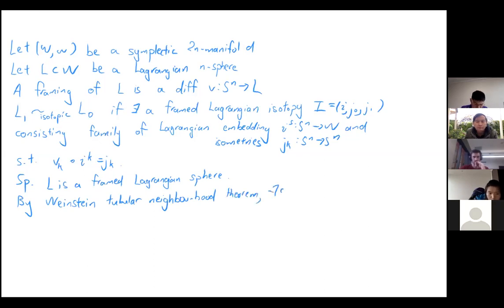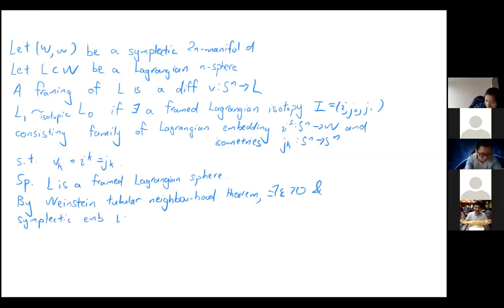So there's an epsilon and a symplectic embedding I from a disk cotangent bundle into your W such that I of Sn is equal to L, which is to look at the framing of your L. No, not the framing of your L, the framing of Sn.